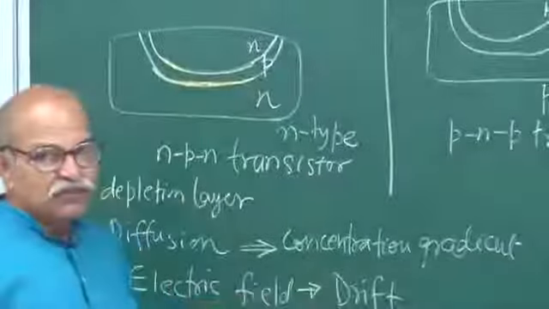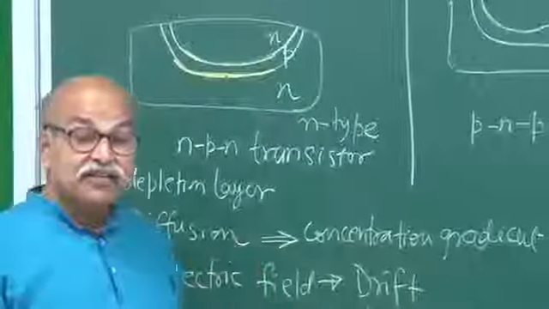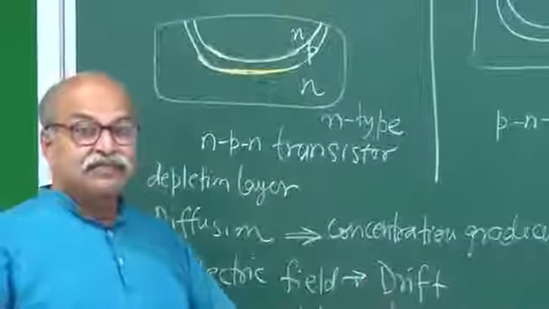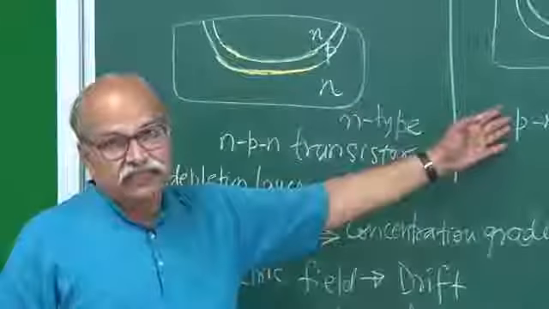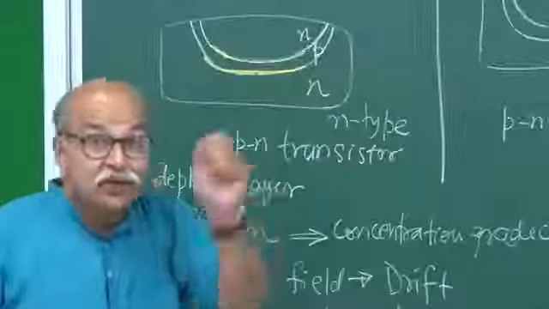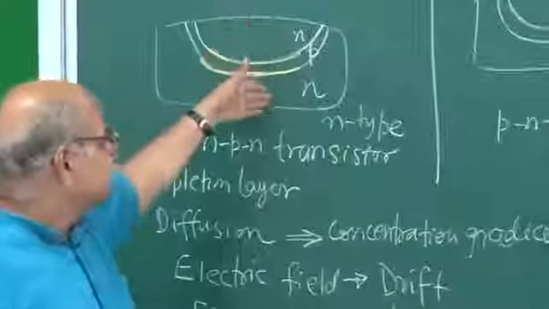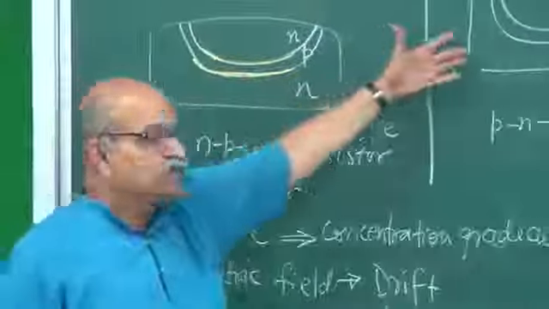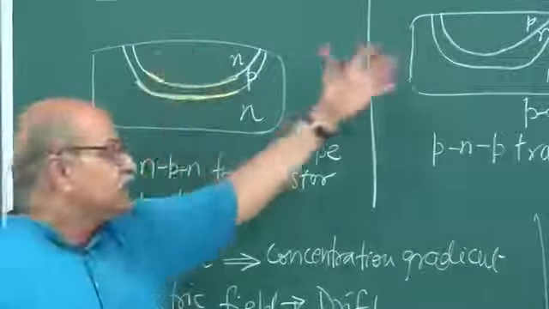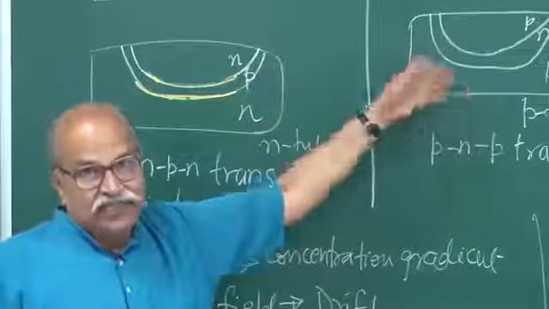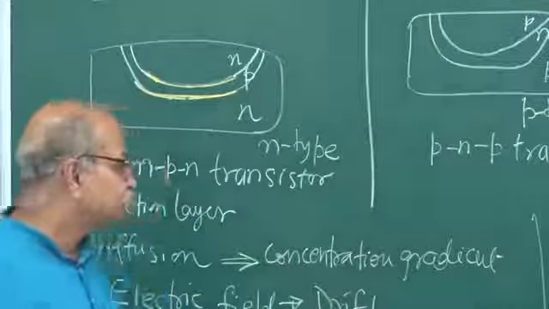If you talk in terms of majority carrier, minority carrier, the same sentences, the same language can be used for this and for this. But if you use electrons and holes, then of course the language will be different. What you call electron in this case you will be calling holes, and vice versa, and so on.